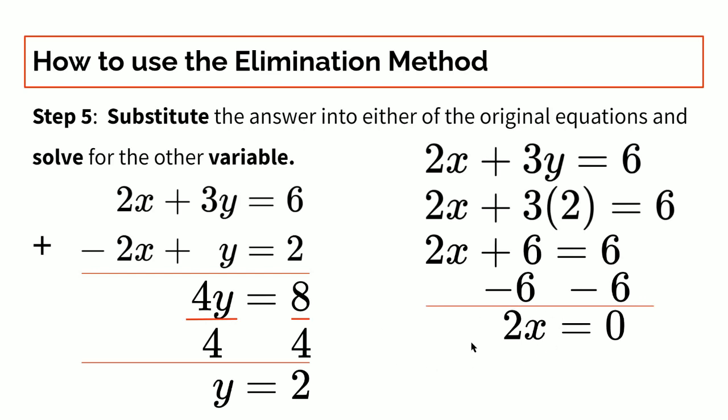Last step is to divide out that coefficient. So I'm going to divide both sides by 2. On the left, those 2's will cancel. On the right, 0 divided by anything is 0. So x is equal to 0. So we now know this original system of equations is going to cross at 0, 2.